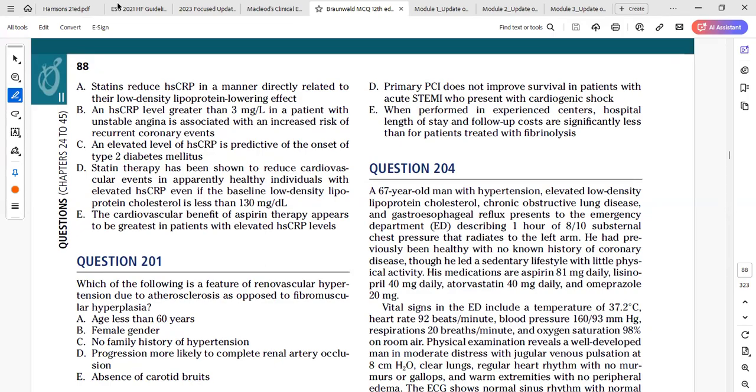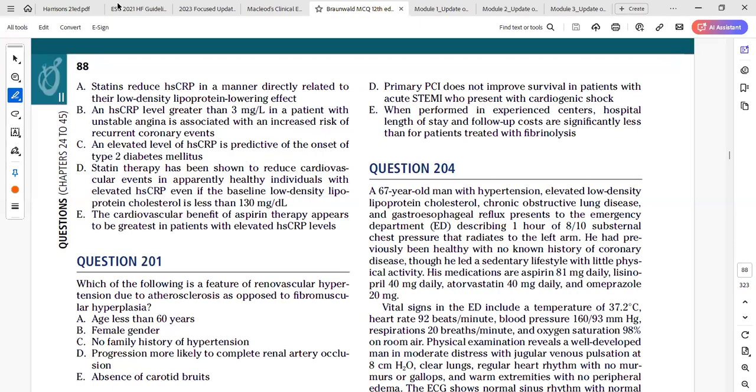So they are looking for the wrong answer. They said PCI is associated with lower rates of intracranial hemorrhage than fibrinolysis. That is correct. The primary success rates for PCI during acute STEMI is approximately 90%. It's actually correct if done early. Then in clinical trials comparing PCI with fibrinolysis, patients randomized to primary PCI had a lower incidence of death or reinfarction by hospital discharge and at 6-month follow-up. That is actually correct. Then primary PCI does not improve survival in patients with acute STEMI who presented with cardiogenic shock. That is the incorrect answer.